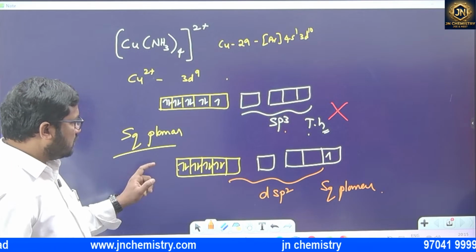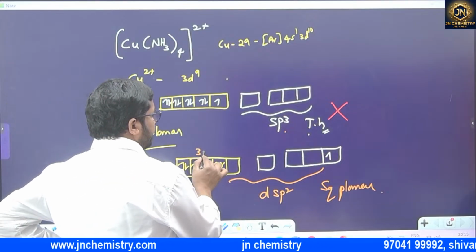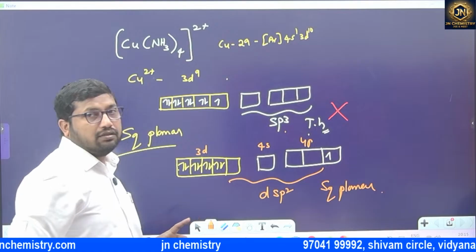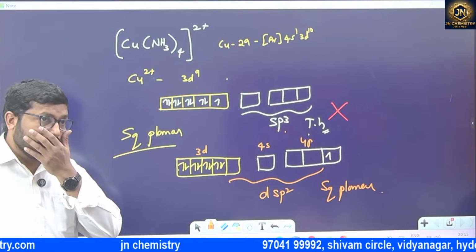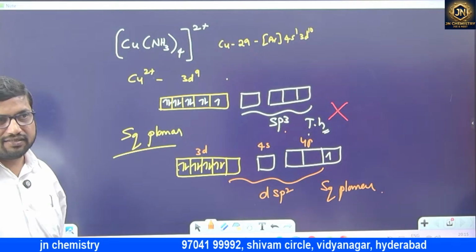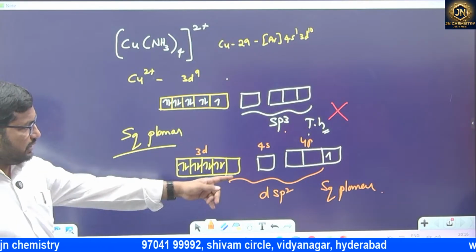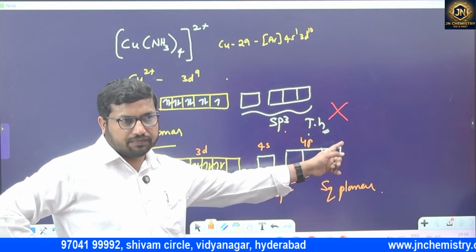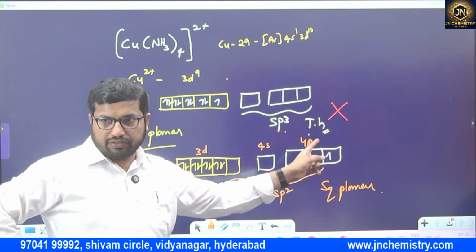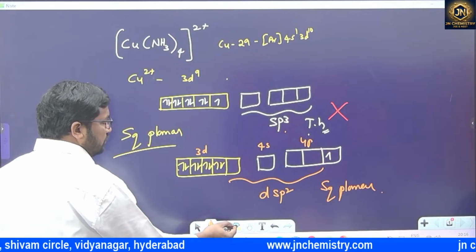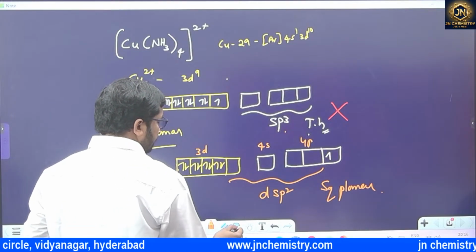So now this is 3d 4s 4p, right? So now again came Pauling, you told right, correct. Okay, I'll agree with you, but this electron is in the outermost. We can easily remove this electron, means this total complex can easily undergo oxidation, right?